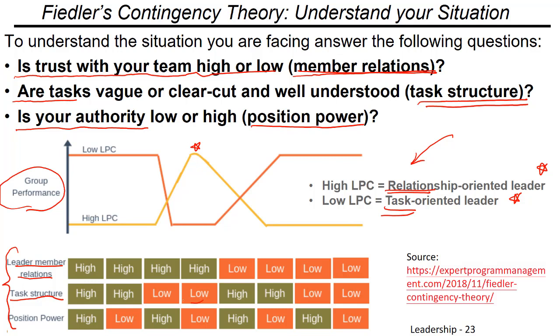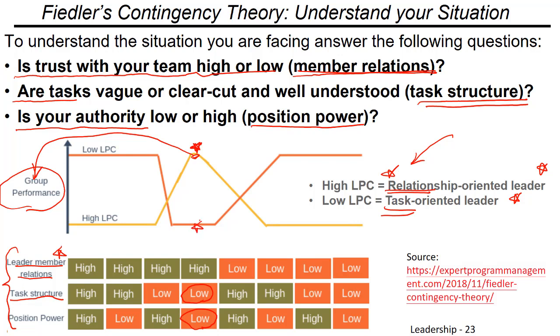When the task structure is low, it's very fuzzy, what we need to do is not very structured, and you don't have a lot of power, but you have a really good relationship with your members, then if the leader takes a more relationship-oriented leadership style, the performance would be really good.